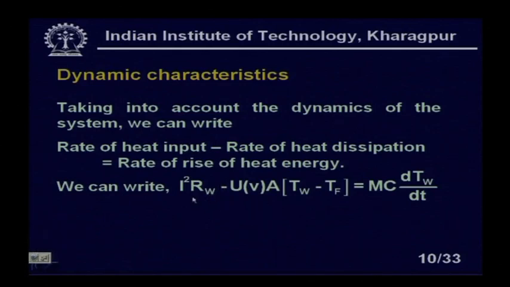You see these are all different there. If you look at these, R_W, T_W, T_F will remain the same because T_F is the fluid temperature, it does not depend on the temperature of the wire, but all these legends, R_W, U_V, T_W, all things have been changed there.